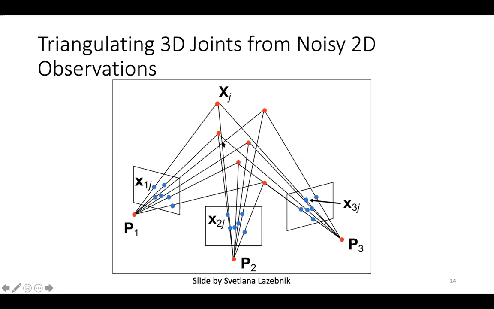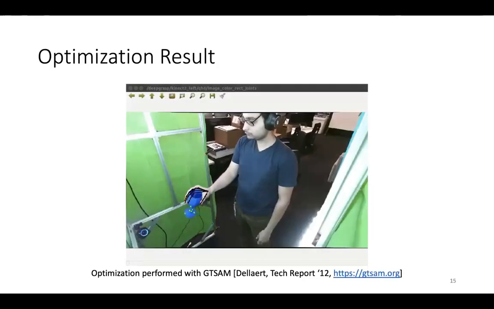So all we need is to triangulate the 3D locations of the hand joints in the object coordinate frame. There are various well-established techniques to do that, minimizing reprojection error and so on. And we use GTSAM, an optimization framework for 3D data, to do this.